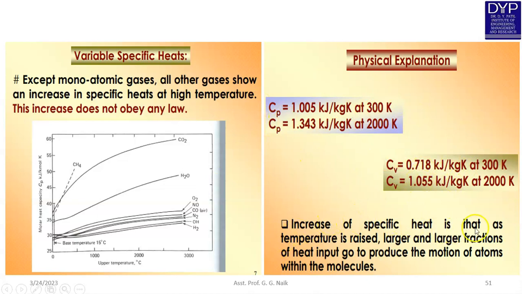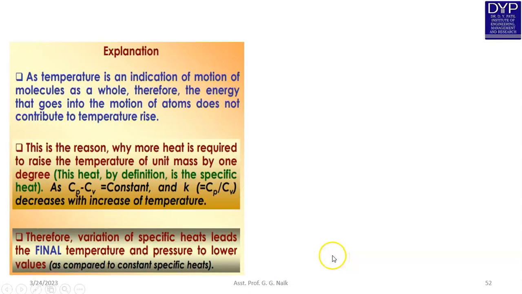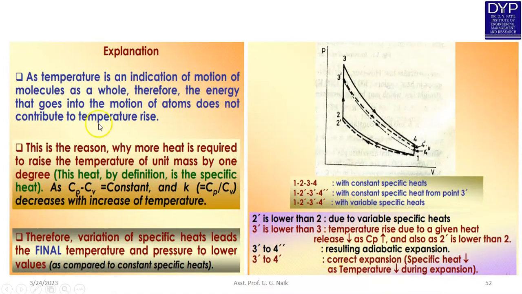Now, the increase of specific heat is because, as temperature is raised, larger and larger fractions of heat input go to produce the motion of atoms within the molecules. Now the explanation regarding that law: as temperature is an indication of the motion of molecules as a whole, the energy that goes into the motion of atoms does not contribute to temperature rise.